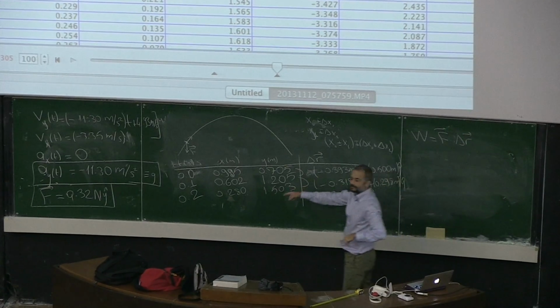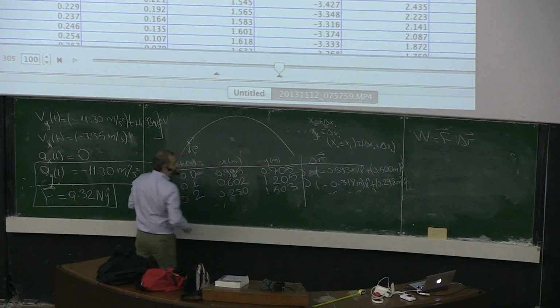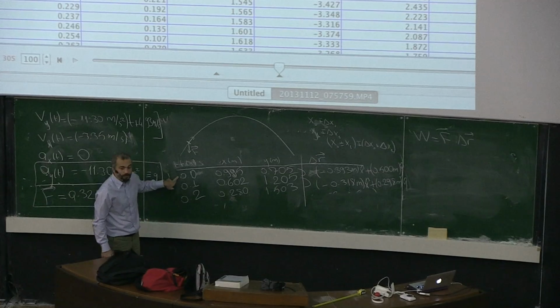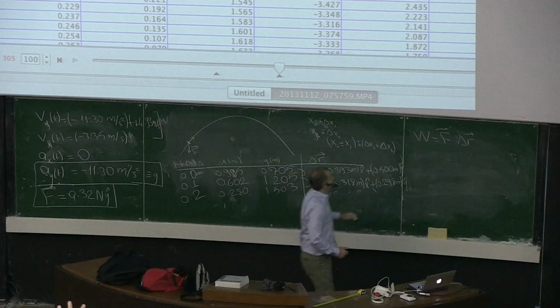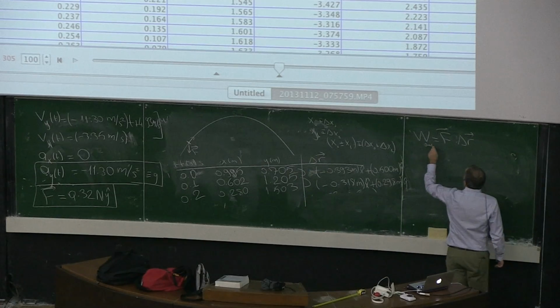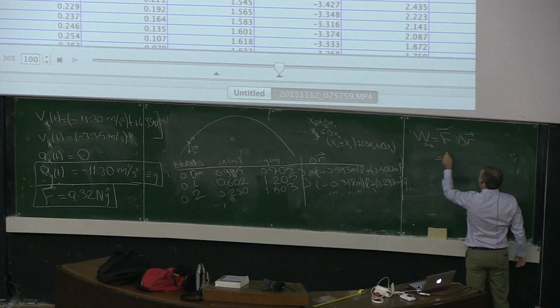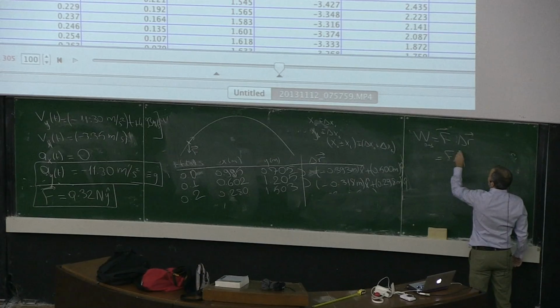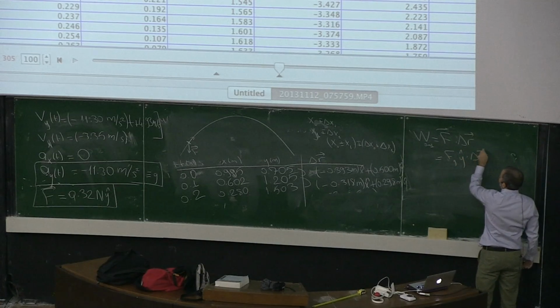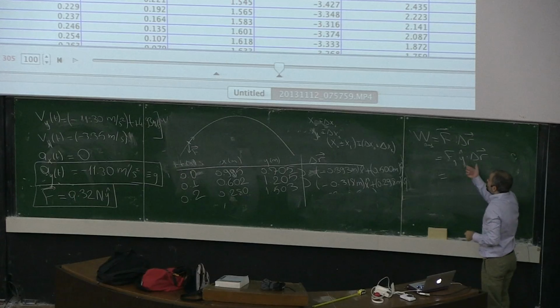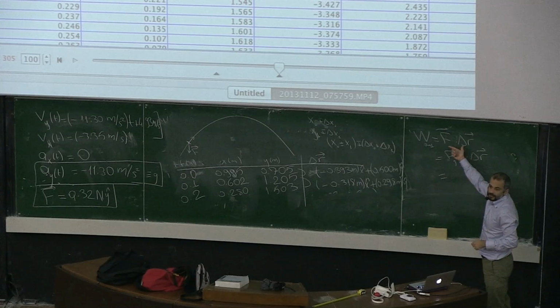In each one of these steps, I can calculate the work done on my mass as I go from t equal to 0 second to t equal to 0.1 second, from 0 to 1. Well, F is always in the y direction, so I only pick the displacement in the y direction.